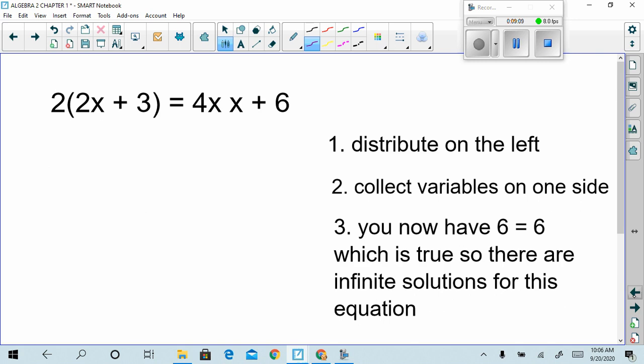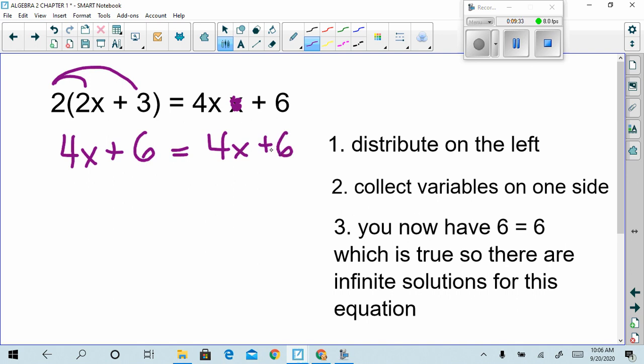One more problem, and I see that I have, let's see, this does not belong there. Okay, let's pretend that's not there. Okay, so let's go on and say 2 times 2x is 4x, and 2 times 3 is 6. Distribute on the left. On this side, I just bring down my 4x plus 6.